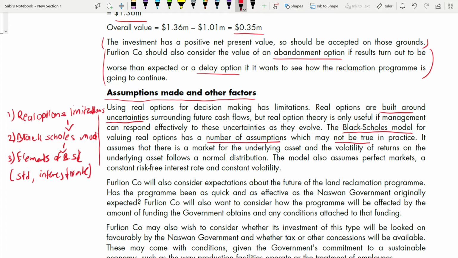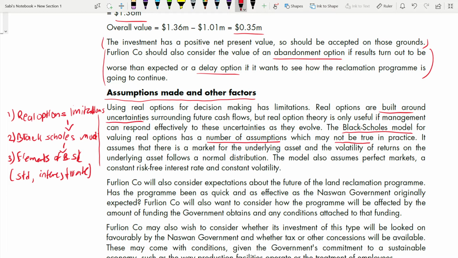When we valued this Black-Scholes model, when we put interest rate, we assumed interest rate was 4%, we assumed standard deviation was 30%. But in reality, is it fixed? Is it known? It is not known in advance and it is not fixed. We know it changes. Okay? We are not talking about the other three: current price, exercise price, and time. We are only talking about standard deviation and interest rates. So that gives you a third point to talk about.